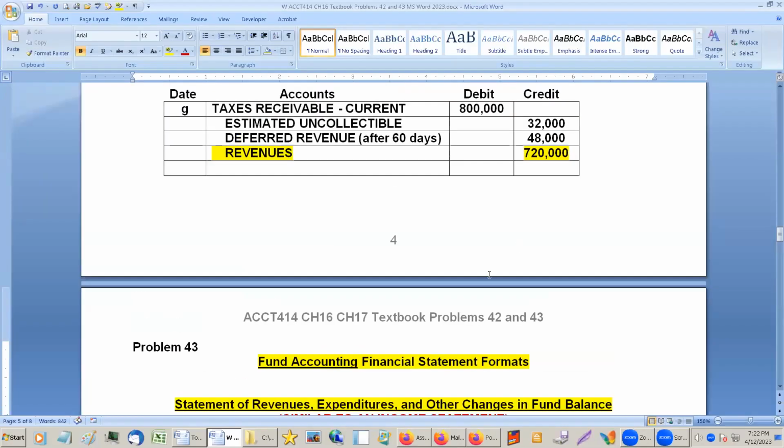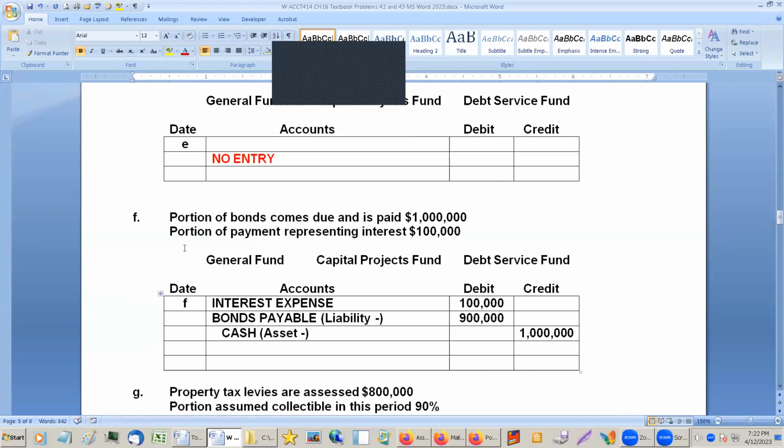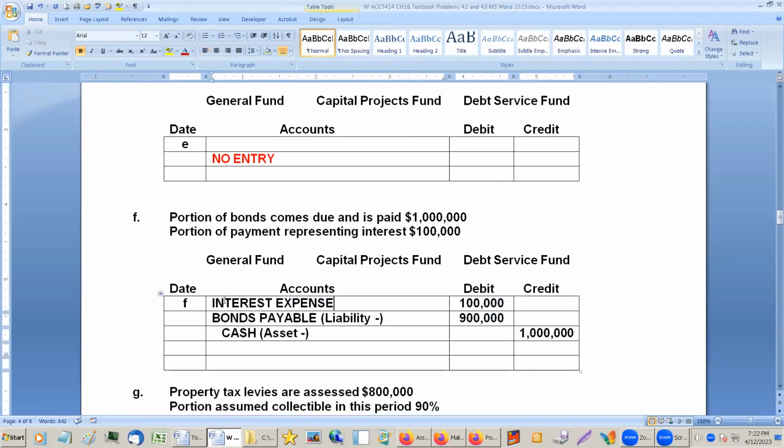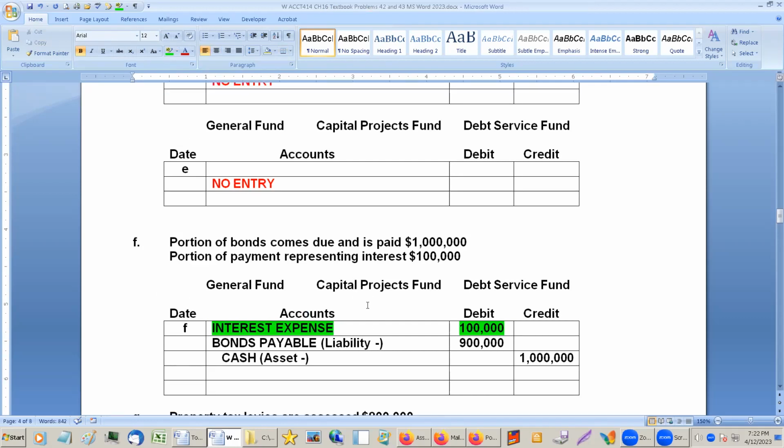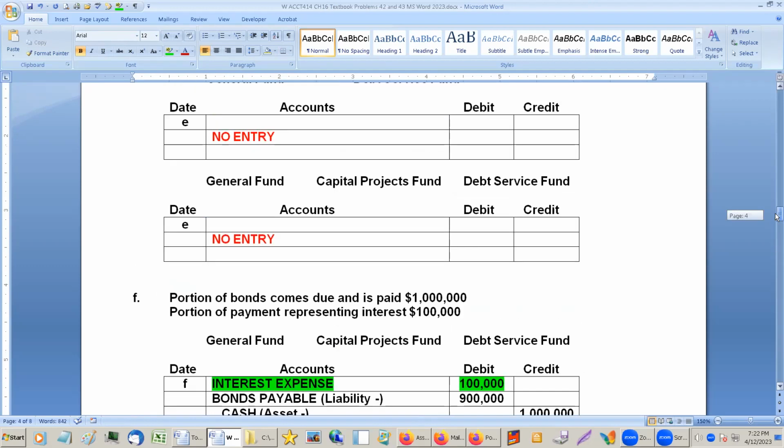For example, here I'll show you a stark example of that. Here we have this payment, and notice that only the 100,000 is an expense, right? For government-wide. So if we were making an income statement, only that expense of 100,000 would be on the income statement.